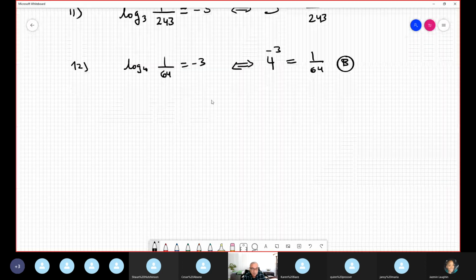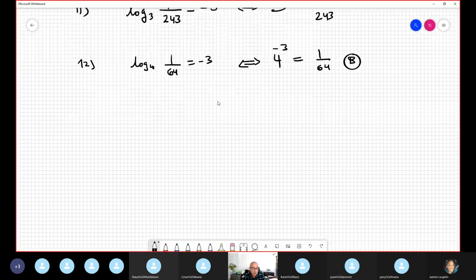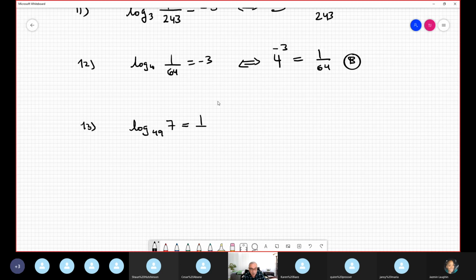And 13 is logarithm base 49 of 7 equals 1/2. When you convert to exponential, the base is 49, the exponent is 1/2, equals 7.